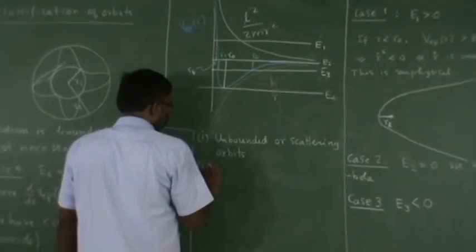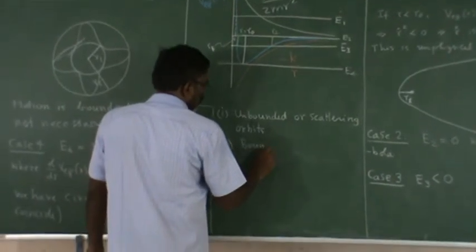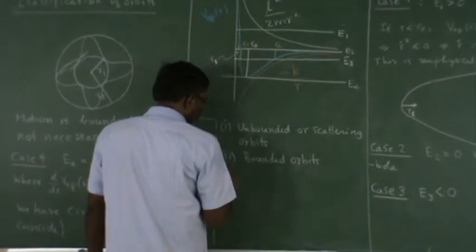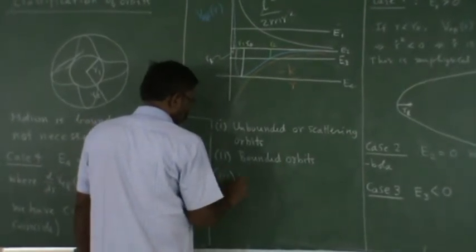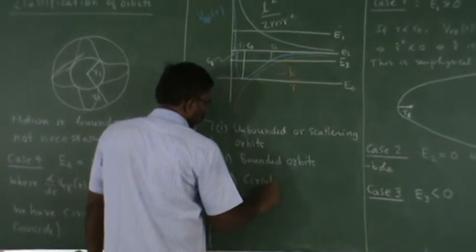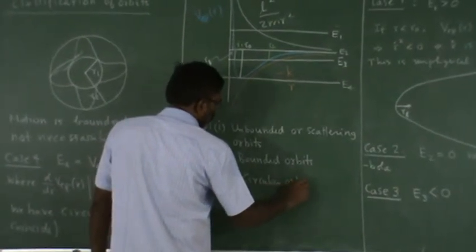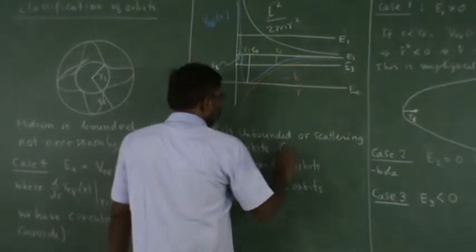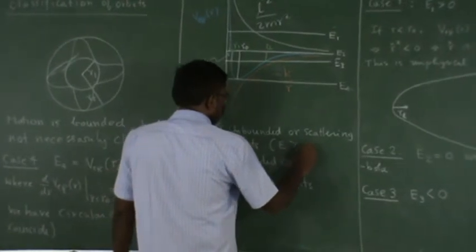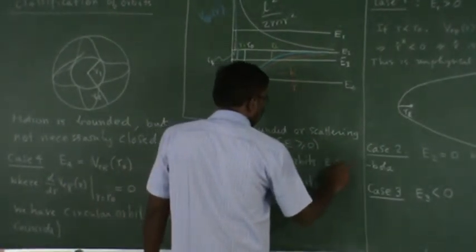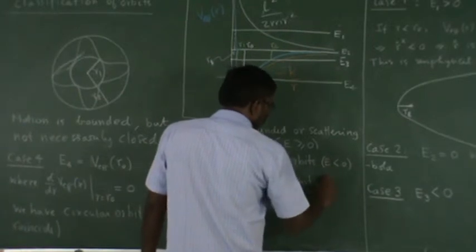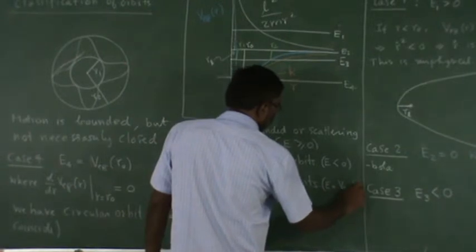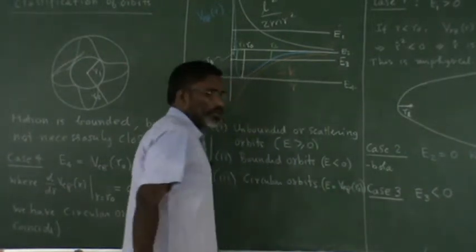Second, bounded orbits. And third, circular. The first will happen for energy greater than or equal to 0. The second will happen for energy less than or equal to 0. And the third will happen for energy equal to V effective of R naught, that is the minimum of V effective.